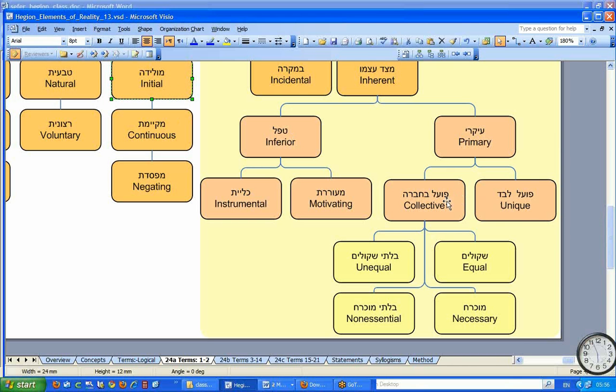Now, the question is, are they shakul or bilti shakul, mukhrach or bilti mukhrach? Are they both necessary to do the damage? Yes, they both were necessary. So are they equal or unequal in the producing of the damage? They're unequal.